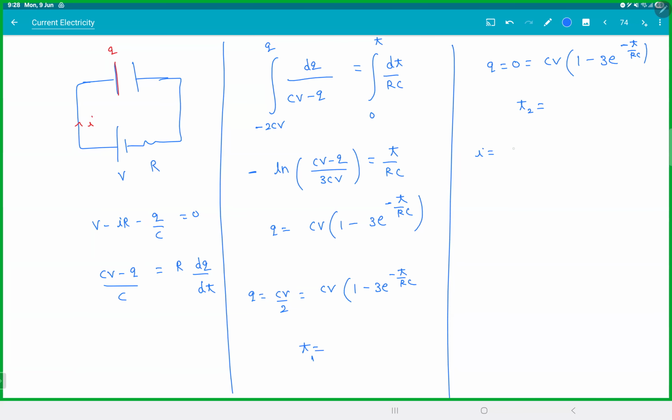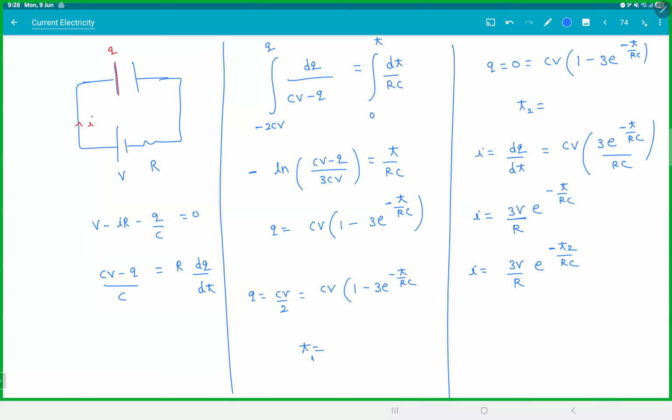And the current I will be dq by dt, which is CV times 3 e power minus t by RC by RC, that is 3V by R e power minus t by RC. So you want current when Q is 0, then the current I will be, substitute T2 there. That should give you the answer.